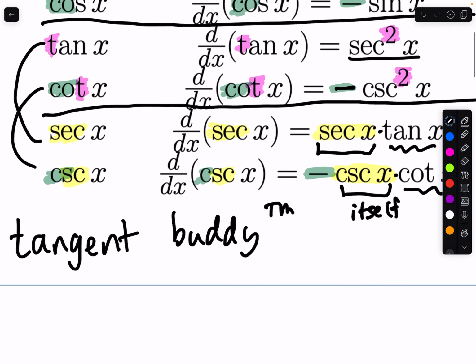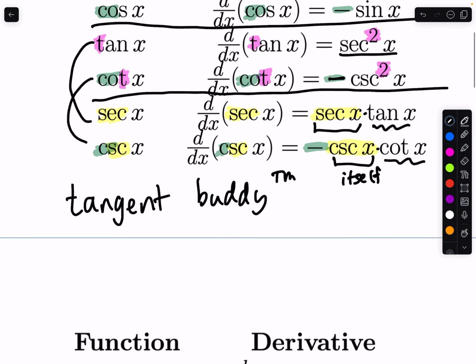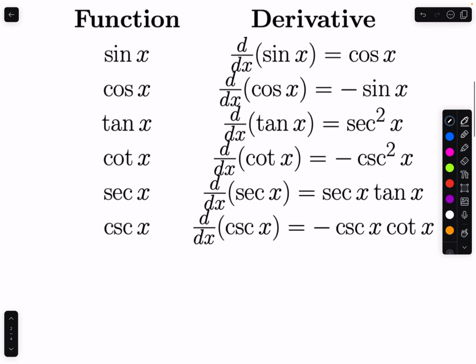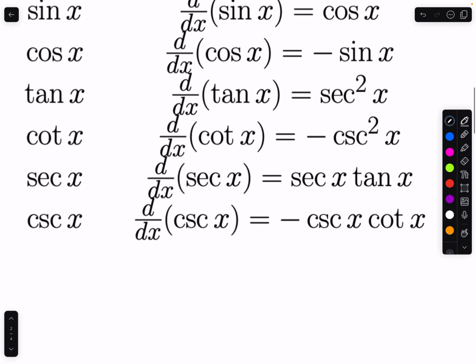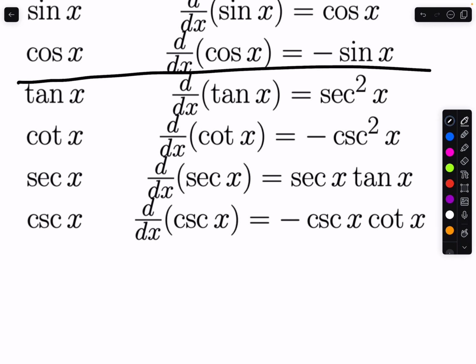So let's just key in on these ideas again. In your brain, tan is paired with secant, cotan is paired with cosecant. So this middle region, again, the derivative of tan is secant squared.